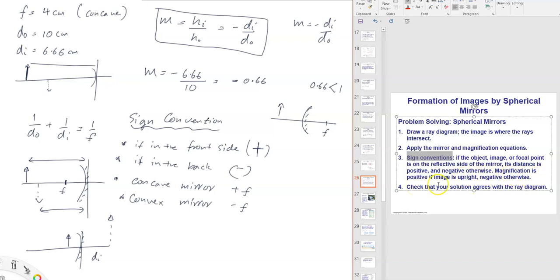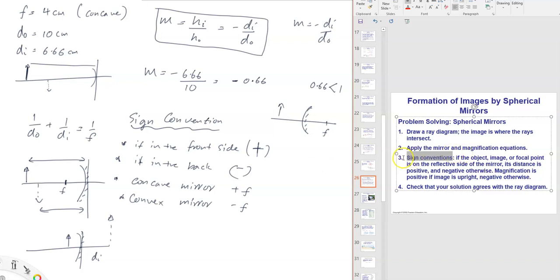Magnification is positive if image is upright. So magnification comes with a negative number if it is upside down, comes with a positive number if it is upright. Alright, so you have this. Now let's go back and try a couple of examples and see how this sign convention applies.